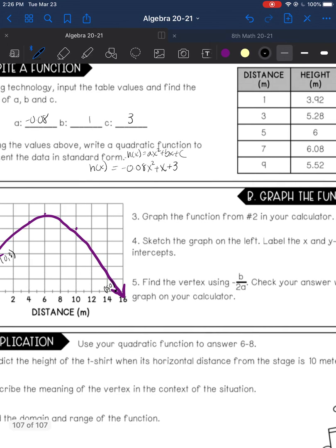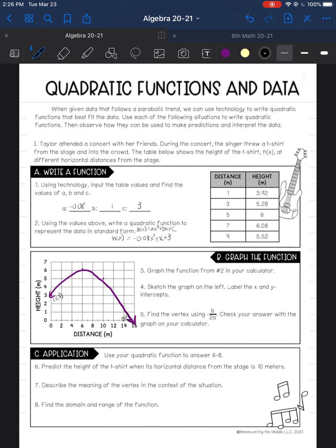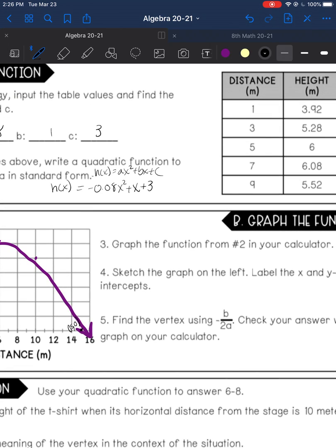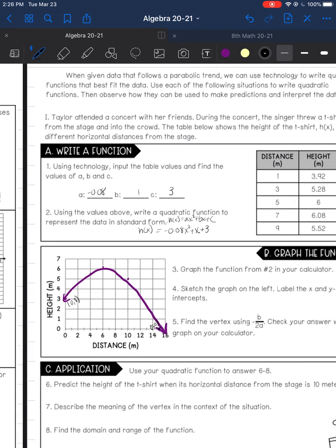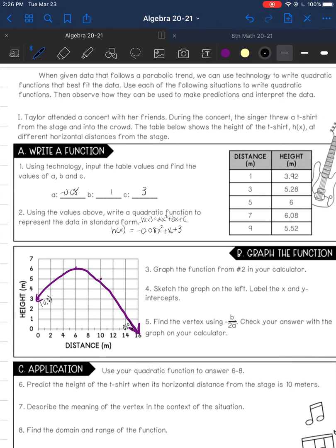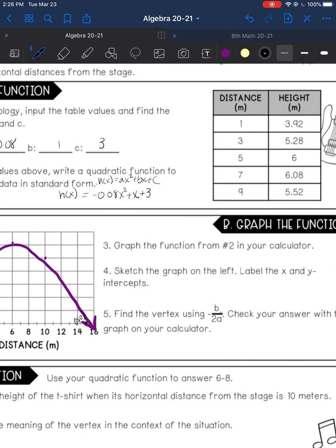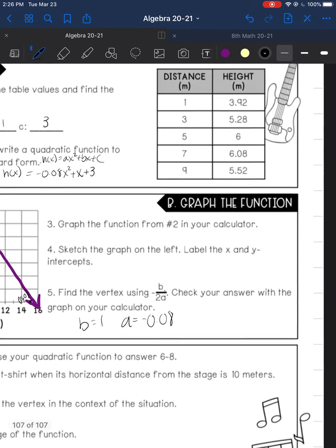Okay, so find the vertex using b over negative 2a. Check your answer with the graph on your calculator. So you can check that by looking at the points. But knowing our vertex, it's going to be kind of around 6, so that should be a good thing. But using our b over negative 2a, so that's 1 over, b was 1, and a is negative 0.08.